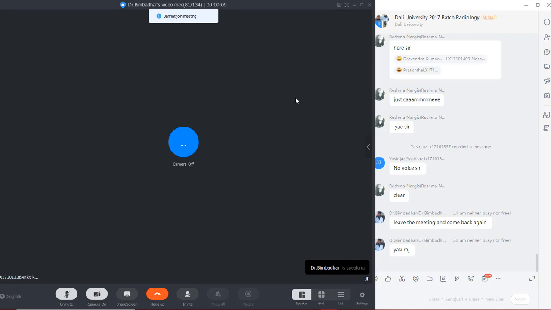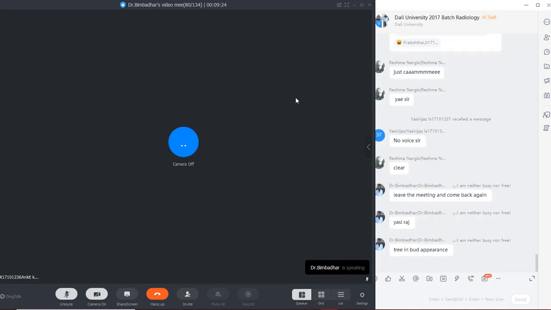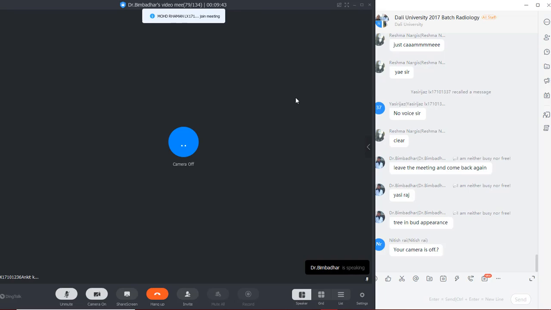It is also called the primary complex of tuberculosis. And tuberculosis has also got another typical presentation, which is called the tree in bud appearance. It is there in your practical slides. Once go back and also read about the pathology in the practical slides as well. Okay, it is there inside all the practical slides.